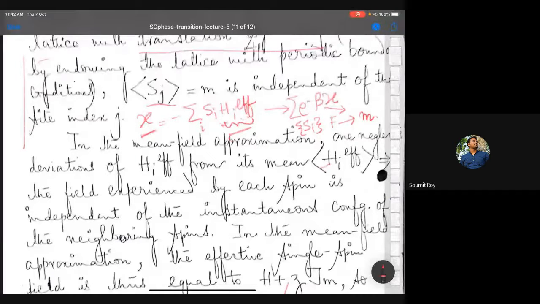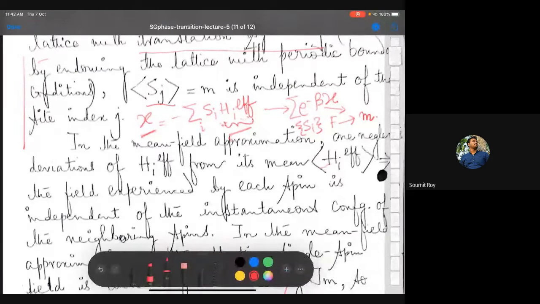So in the mean field approximation, what one does is the following. One approximates this as minus summation over i Si. This is a random variable.